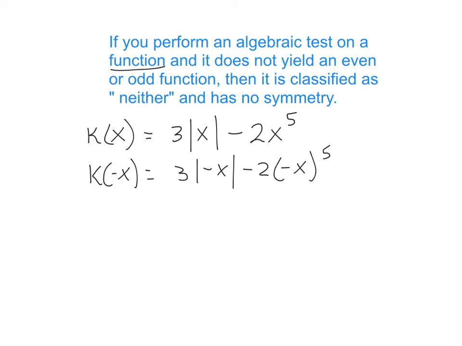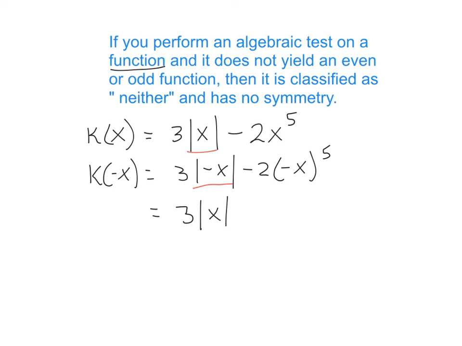I'm going to simplify. So absolute value of negative x, I want to see how that compares. I know the absolute value of 2 and absolute value of negative 2 are exactly the same. So I can say the absolute value of negative x, therefore, is the same thing as the absolute value of positive x, which is kind of my goal, is to compare those two. So that makes them equal. So far it looks like it's even.